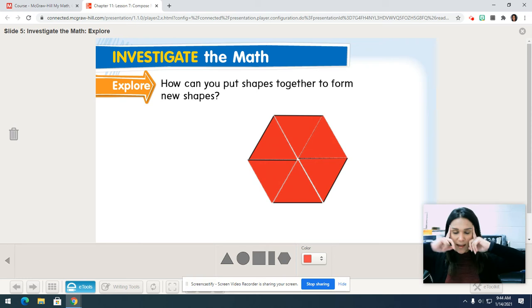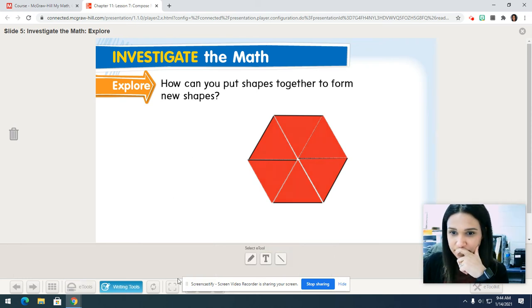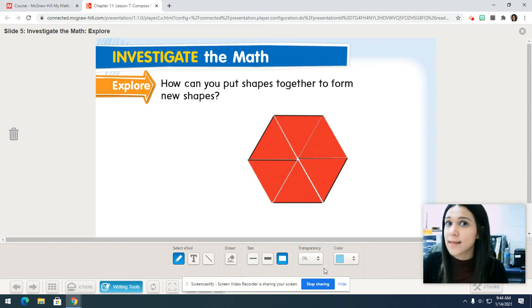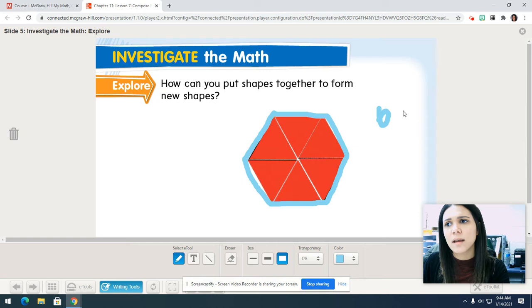I'm going to give you a second to think. I'll help you. What I'm going to do is I'm going to count how many sides we have. Help me count. 1, 2, 3, 4, 5, 6. S for sides. We have 6 sides. I wonder how many vertices we have.